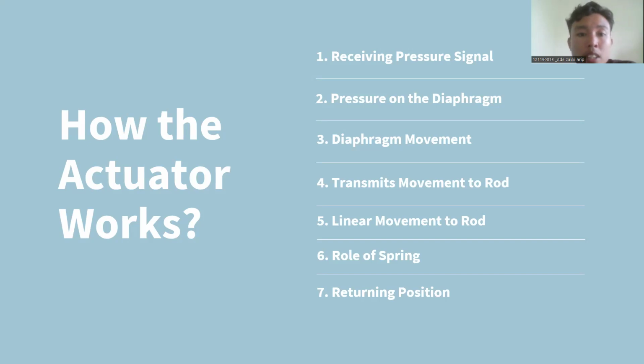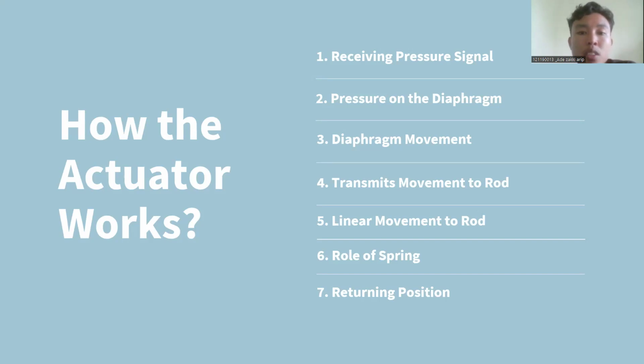The next is transmitting movement to the rod. This movement is transmitted to the actuator rod, which is connected to the diaphragm. Next is linear movement of the rod. The actuator rod will move linearly up or down, depending on the direction of pressure applied. The next is the role of the spring.